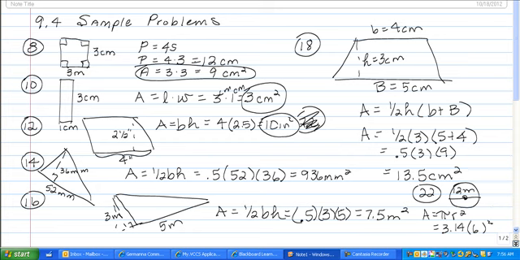Okay, 3.14 times 36 is 113.04. And they didn't actually tell us how far to round this off, so I'm just going to leave it as is, square meters. Hopefully your math lab will tell you how to round it off.